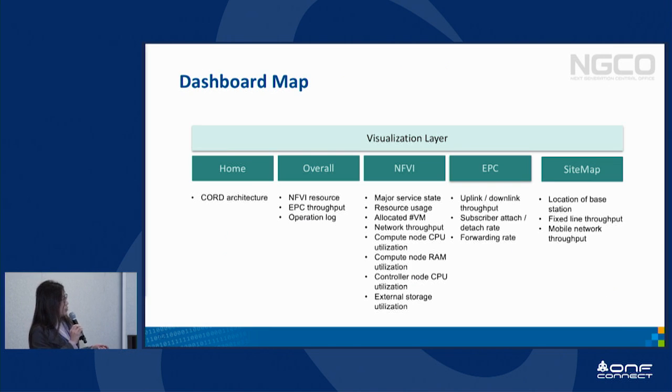Now we are talking about the dashboard map. Through the visualization layer, we provide 5 categories displayed in the homepage. That is used to display the core architecture and the system architecture.